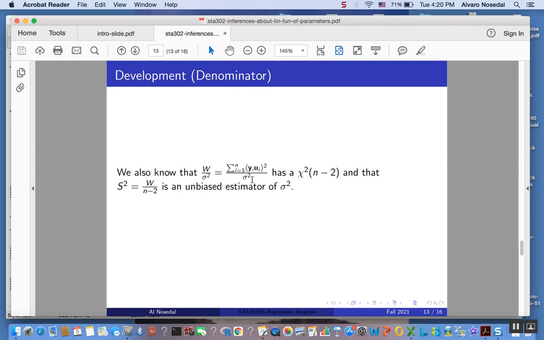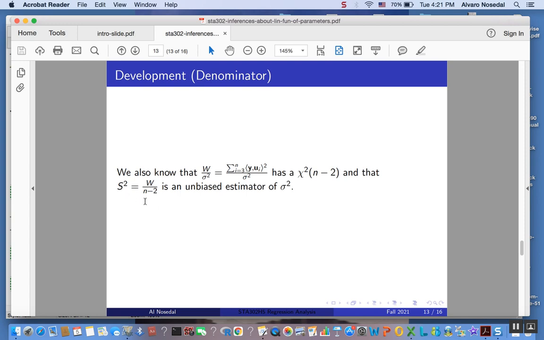Sigma squared is just the variance of our epsilons. Using the orthogonality theorem and our orthonormal basis approach, we argued that this quantity has a chi-square distribution with n minus 2 degrees of freedom.